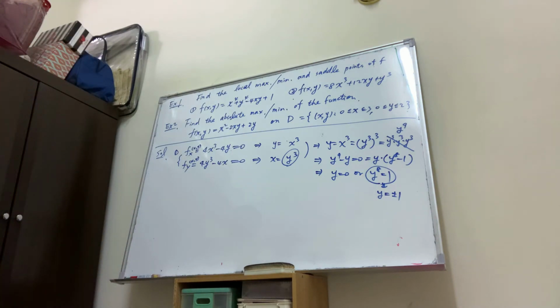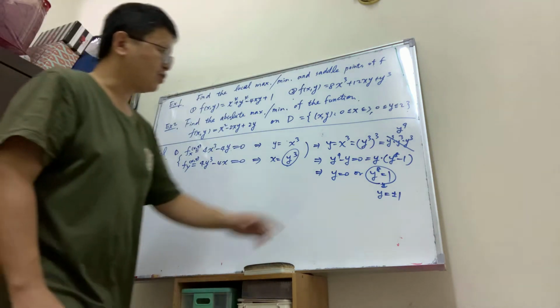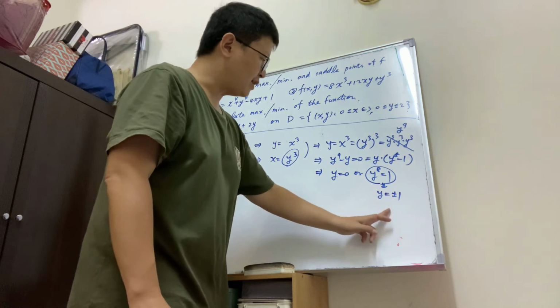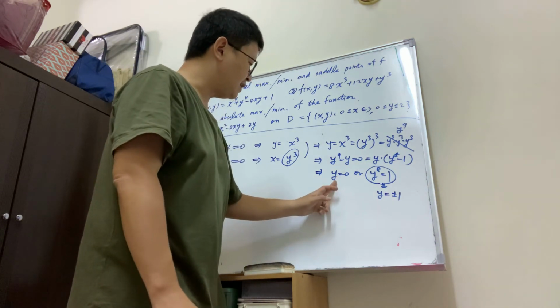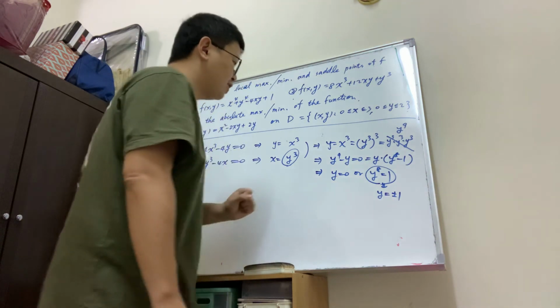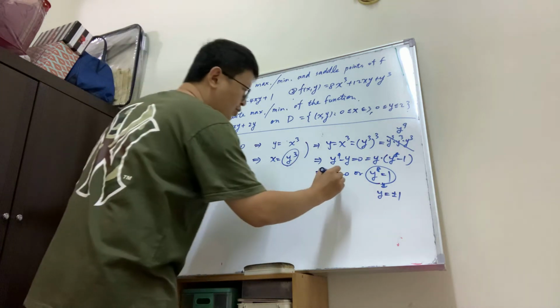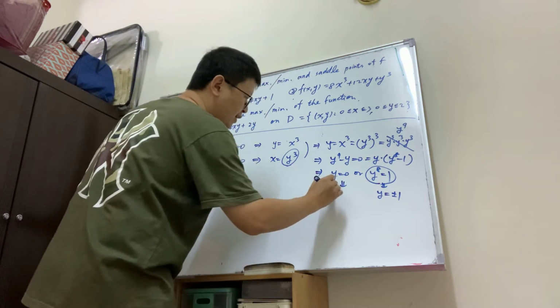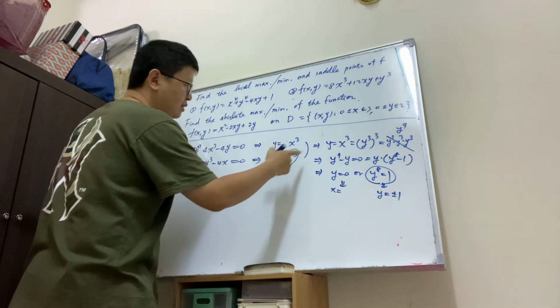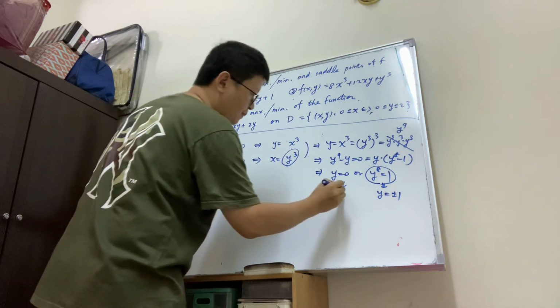So actually we have two cases, positive 1 or negative 1. Now we also have another case, y equals 0. Then for each one we could write down its corresponding x value. In this case, x equals 0.